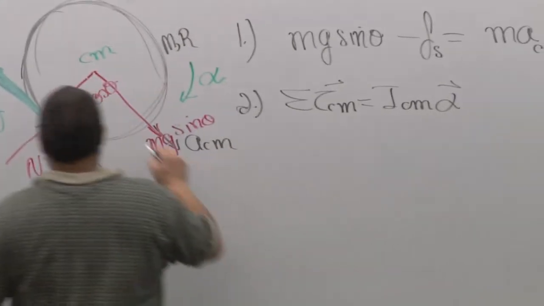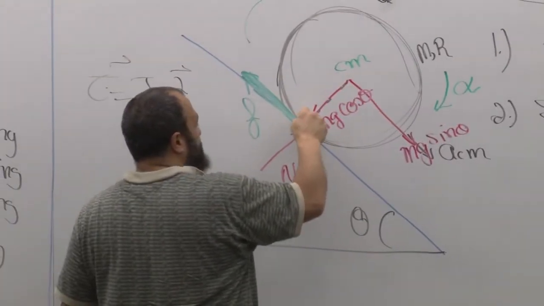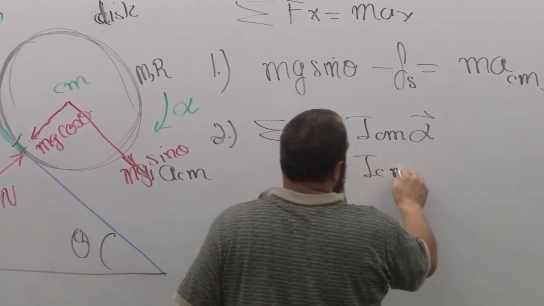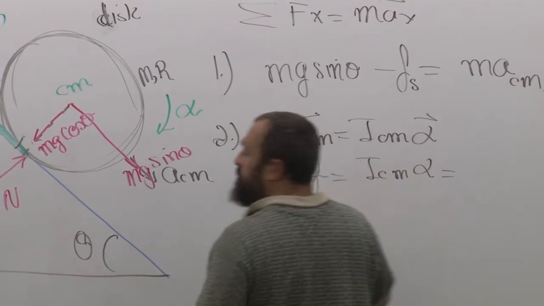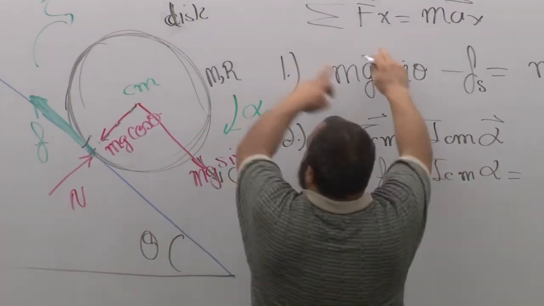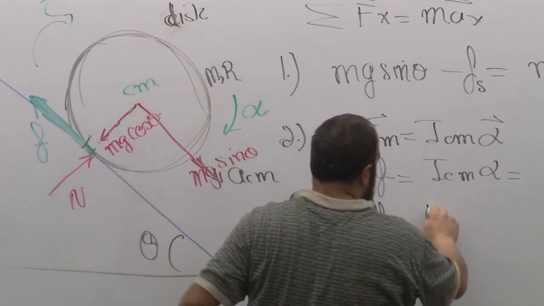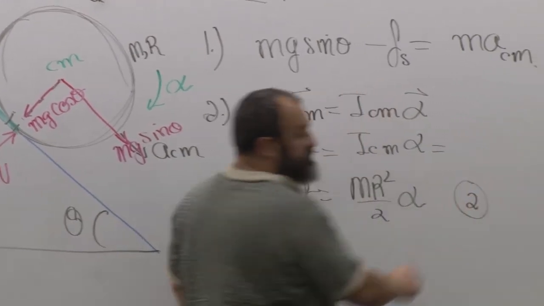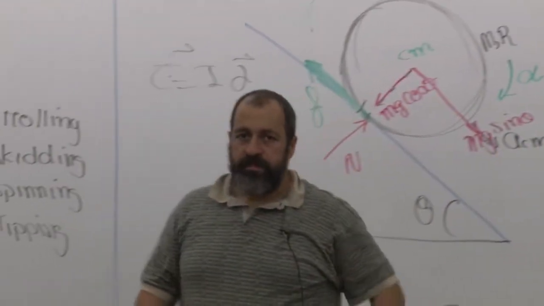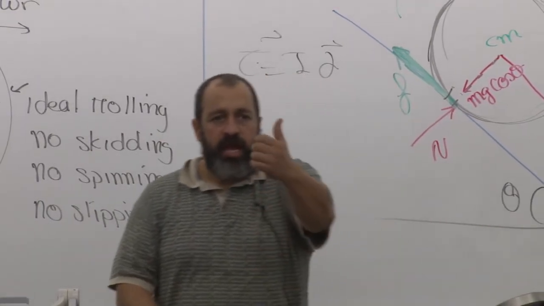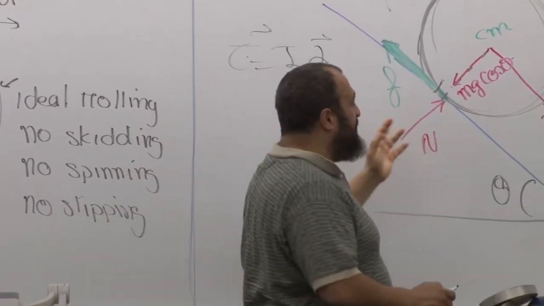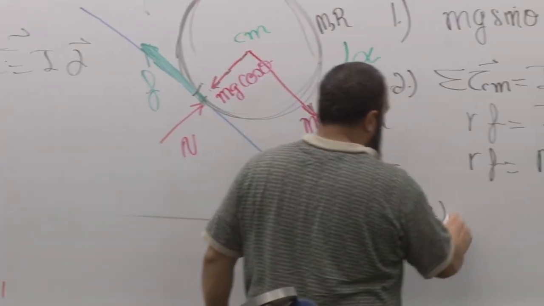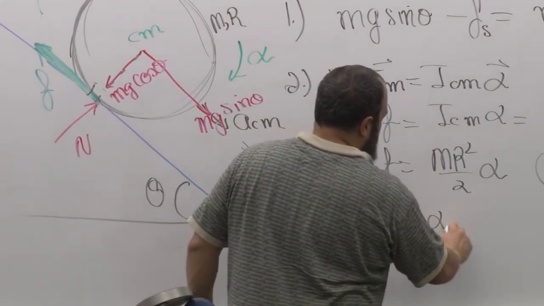The torque of the force of friction is the perpendicular distance times F: R F equals ICM alpha. What is ICM for a disk? M R squared over 2 times alpha. This is equation 2. What is my equation 3? I now have three unknowns: A, F, and alpha. Finally, ACM is equal to alpha R. So the third equation is ACM equals alpha R.